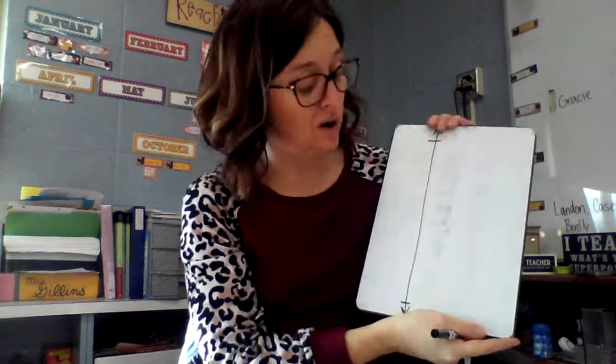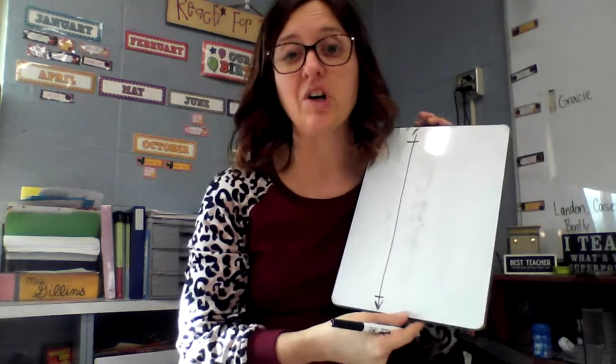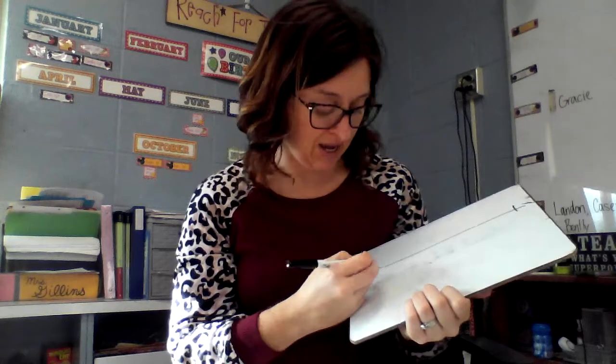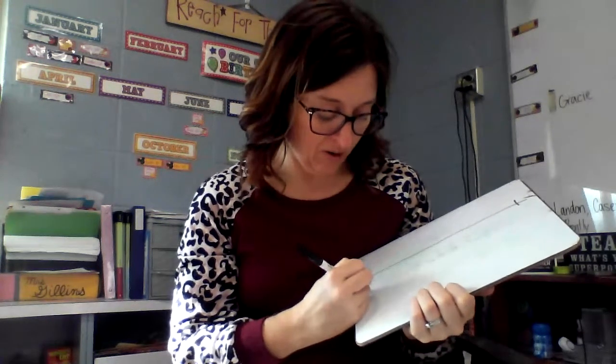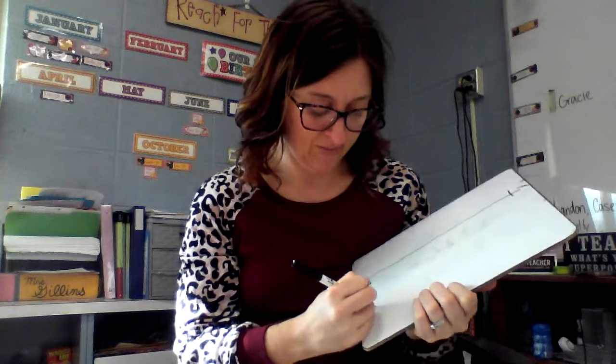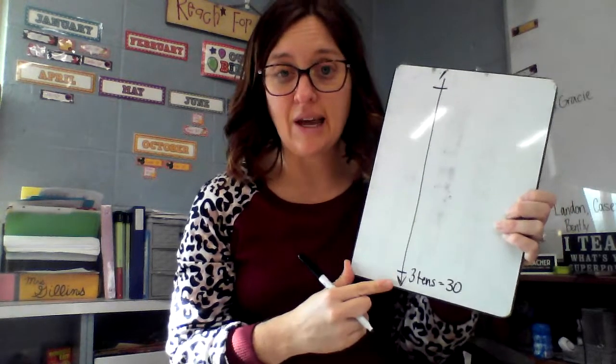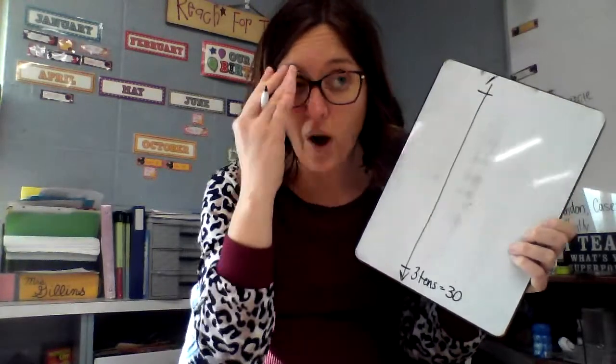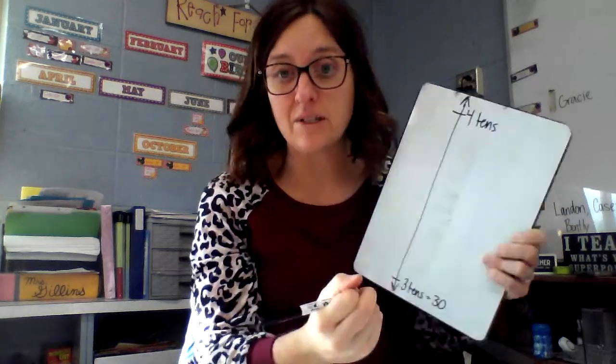What if we had the number 38? So we would start by labeling our endpoints. In 38, there are 3 tens or 30. What is 1 more 10 than 3 tens? 1 more than 3 is 4, so 4 tens. And we know from multiplication that 4 tens is 40.